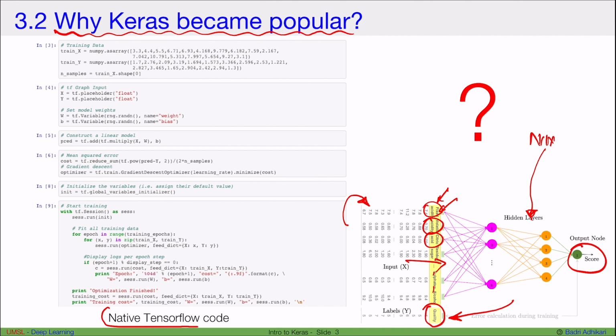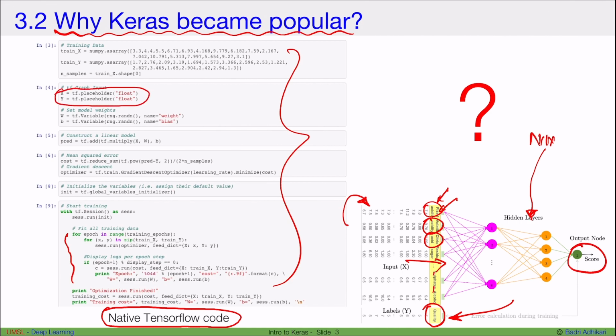With the native TensorFlow code, we have to write a lot of things. We have to write our own function to define how the loss is calculated, how the gradient is done, even creating new variables is not straightforward, and so on. What Keras did was squeeze all of this into a few simple lines of code.